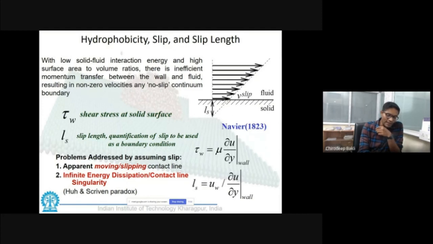But mathematically, if I have a slip velocity, my boundary condition would look something like this, given by a slip length. So basically, I try to extrapolate my velocity profile and see where it goes to zero, and that length is given by the slip length.